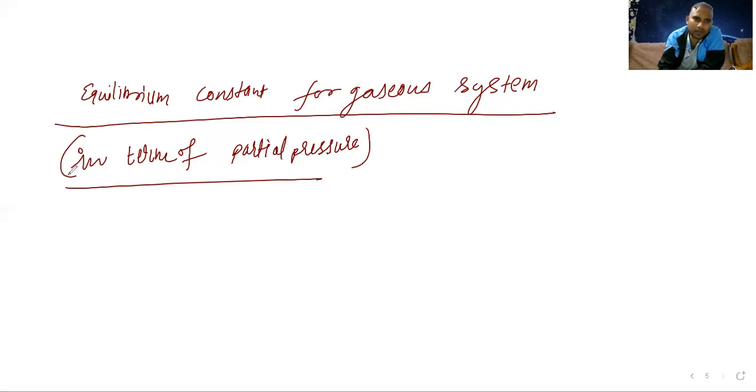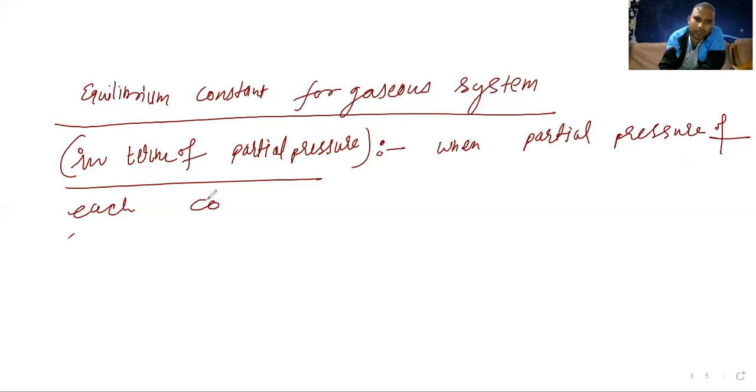So when the partial pressure of each component is given, then the equilibrium constant is known.